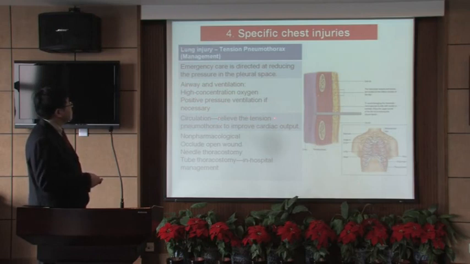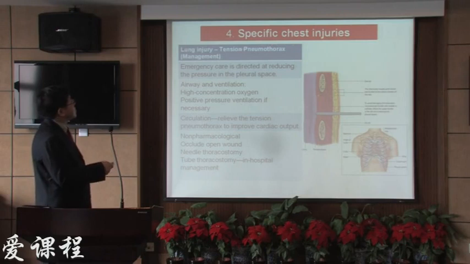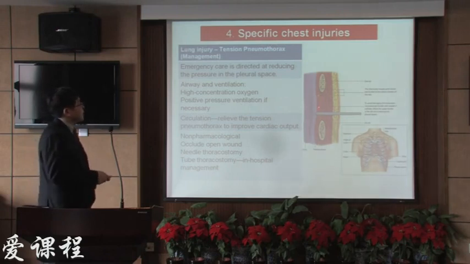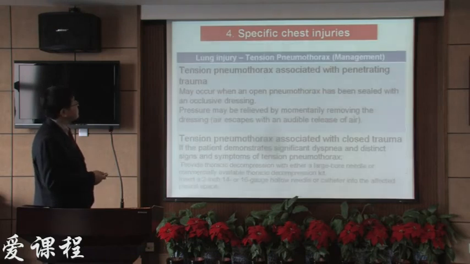If we relieve the tension pneumothorax, we improve the cardiac output. Others include non-pharmacological measures, occlusion of the open wound, needle thoracostomy, and tube thoracostomy in hospital management. The most important thing in management is to use any method to let the air flow out of the thoracic cavity, to decrease the pressure in the thoracic cavity.